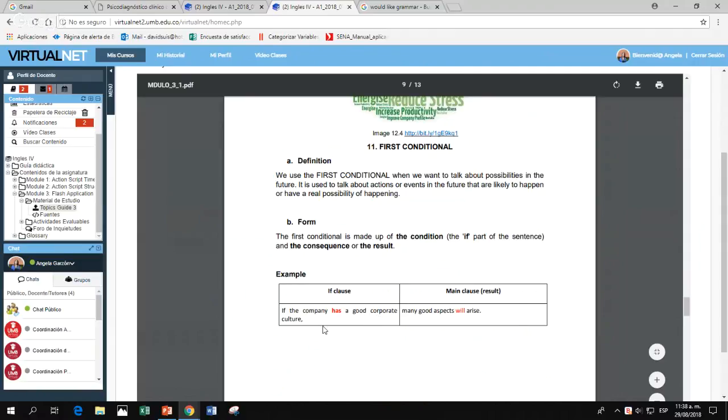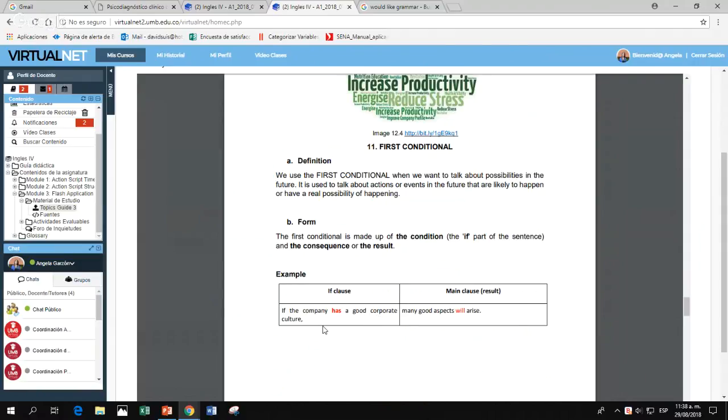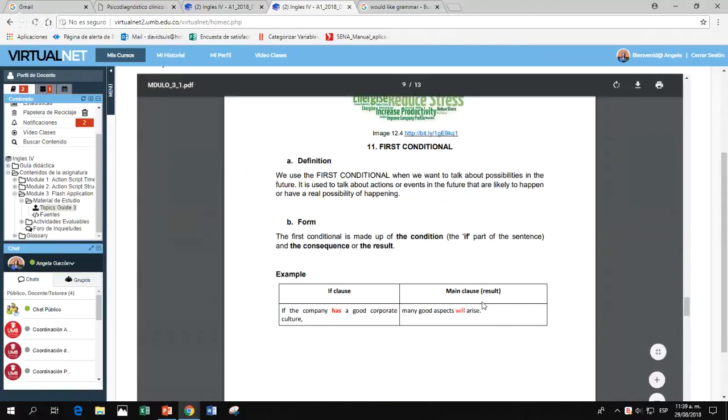En este caso vemos que esta cláusula nos está diciendo o haciendo alusión a algún tipo de expresión que en este momento nosotros lo vemos como un hecho, como algo que puede ocurrir. Sin embargo, esta parte del resultado es la que nos indica la posibilidad.